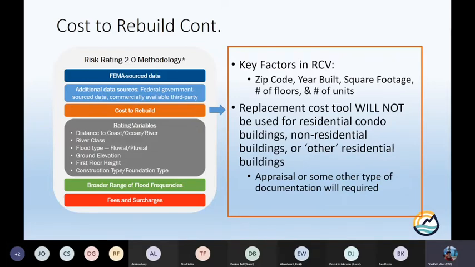So a condo building is going to have to provide some information about how the liabilities split up between the condo owner versus the condo association and things like that. So there are some policies that are going to have additional requirements, but pretty much across the board, single family, multifamily, things like that are going to be replacement cost value.